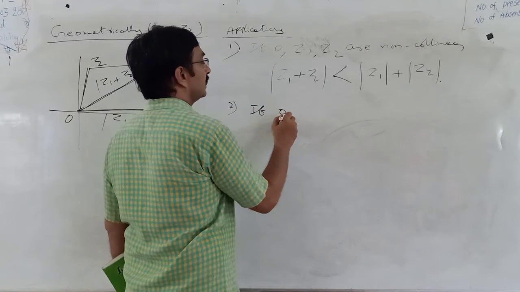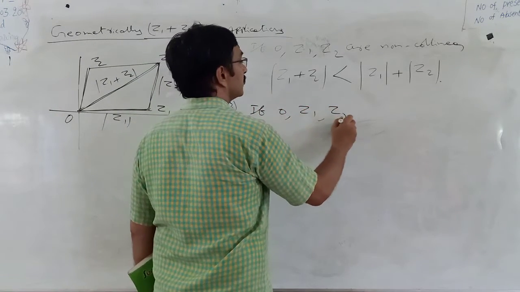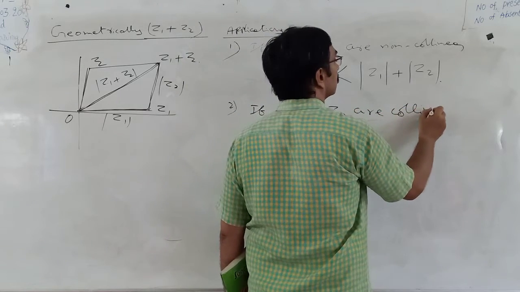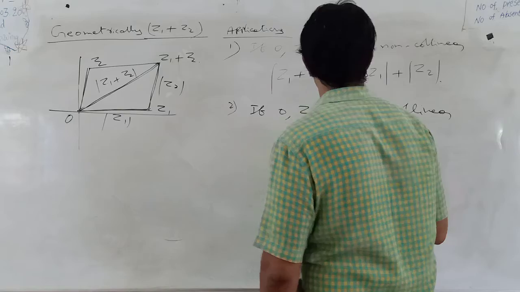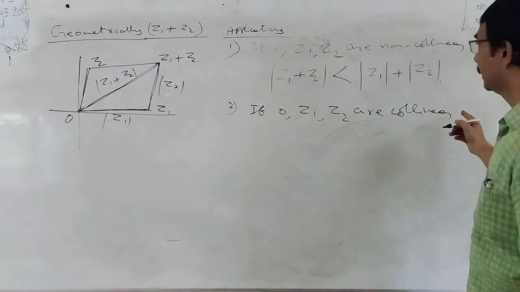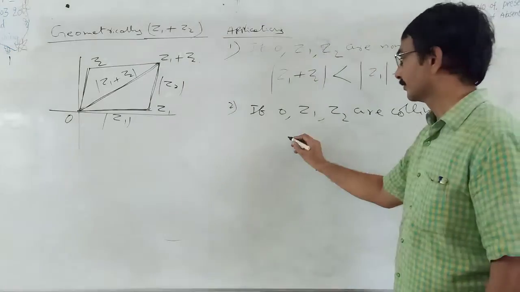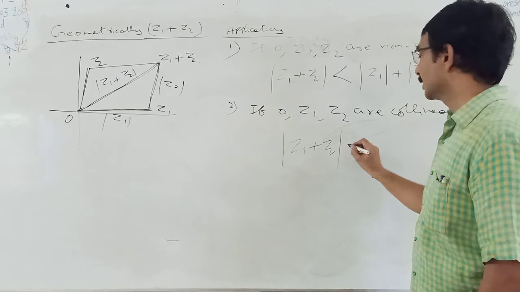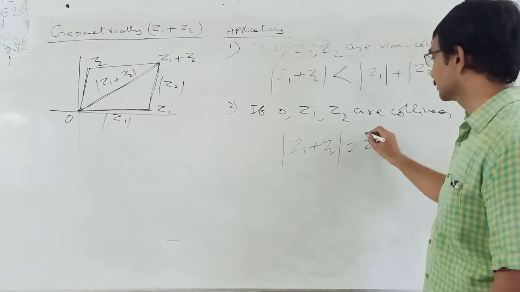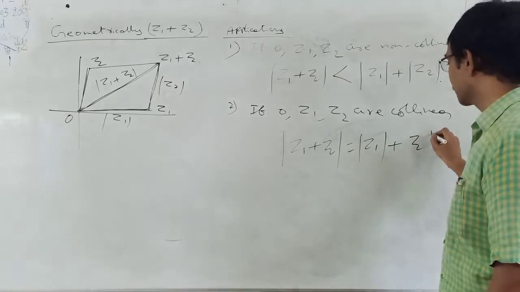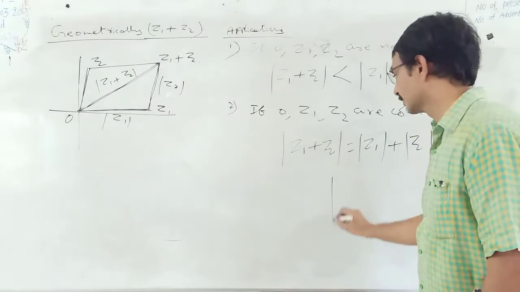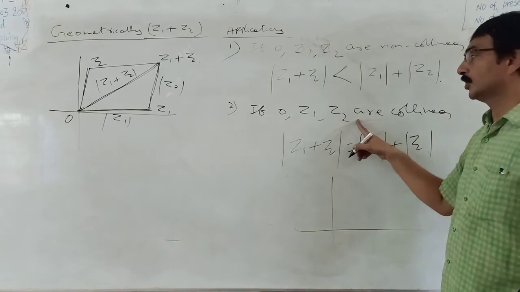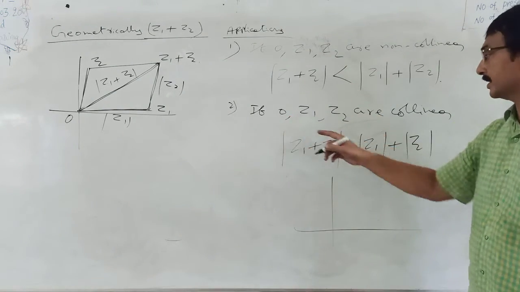Next. Suppose origin, Z1, Z2 are collinear. Then modulus of Z1 plus Z2 equals mod Z1 plus mod Z2, when collinear and Z1 comma Z2 lie on the same side of origin.